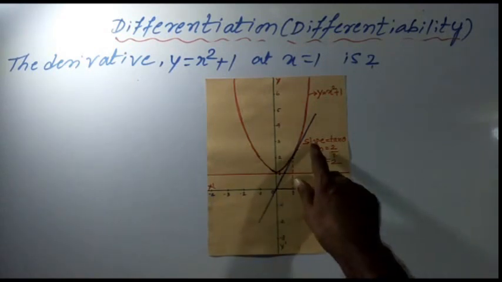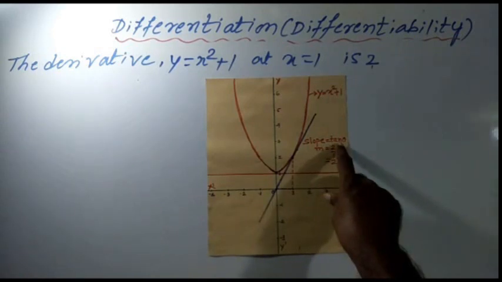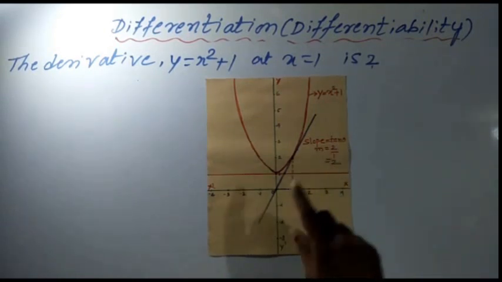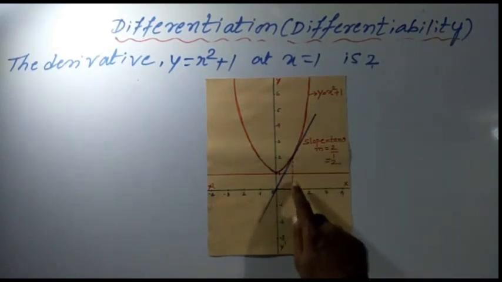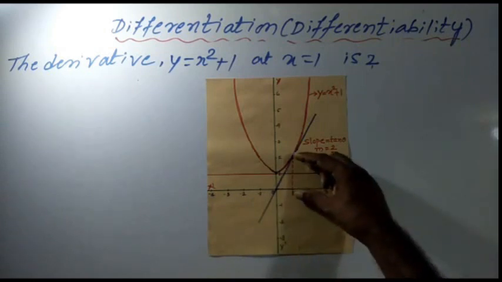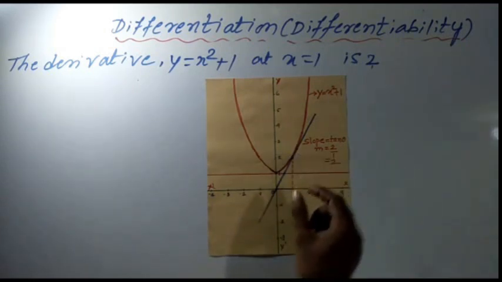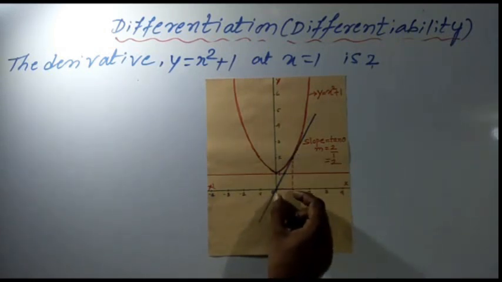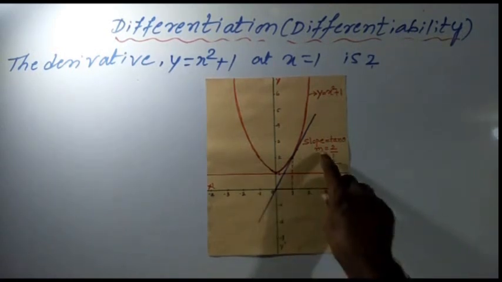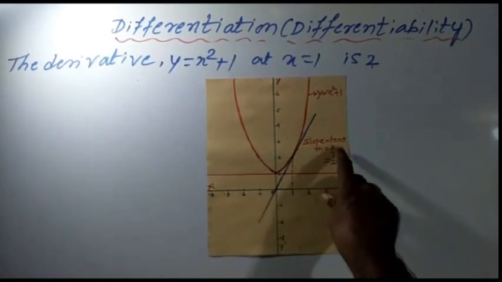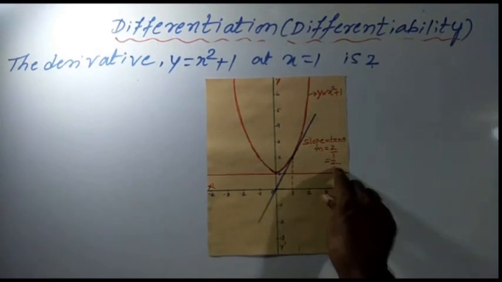The slope of the tangent is by definition tan theta. Therefore tan theta can be defined as opposite side by adjacent side. Look here, in this triangle the opposite side length is 2 units and the adjacent side length is 1 unit. Therefore slope m is equal to 2 by 1 is equal to 2.